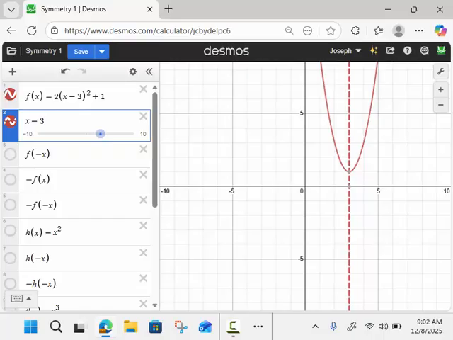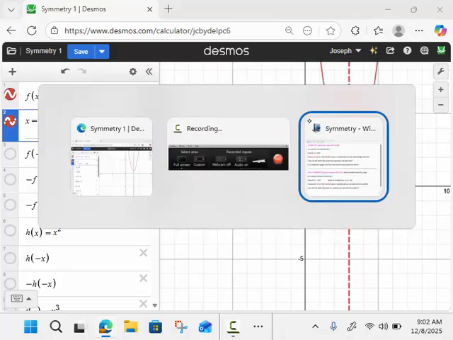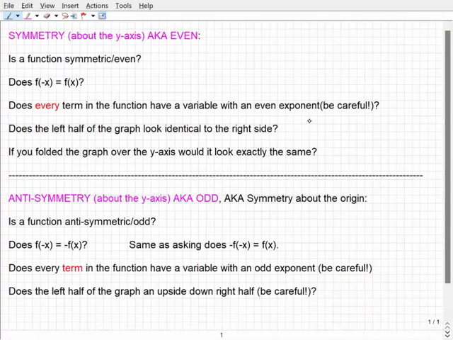Now when we talk about other things like a symmetric function or an anti-symmetric function, or even or odd, we're leaving out part of the sentence. We really mean symmetry about the y-axis or anti-symmetry about the y-axis.